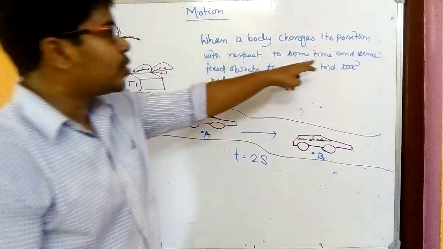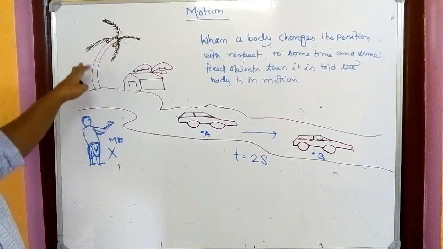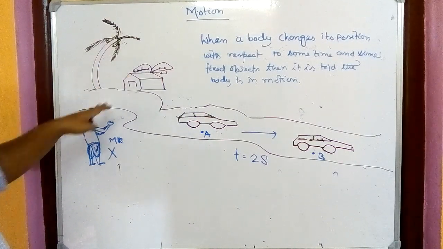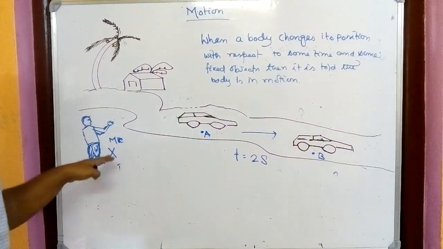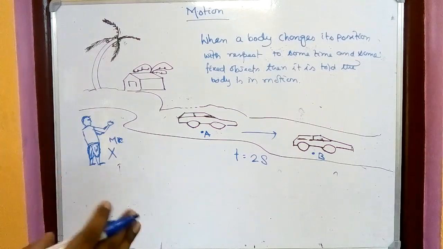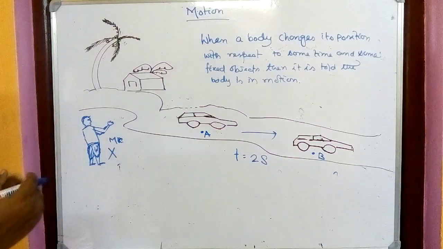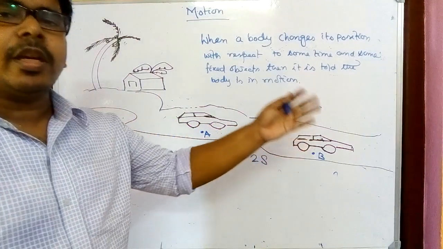And the next thing is told: some fixed object. See, the tree, it is fixed. The house, it is fixed. The man, Mr. X, who is standing here, he is also fixed. But the car is moving with respect to them. They are not changing their place, but the car is changing its position.